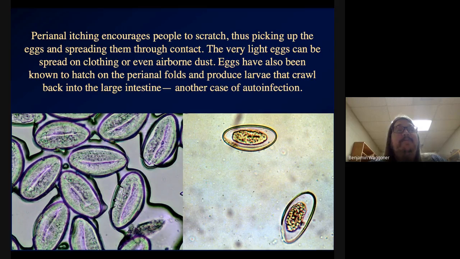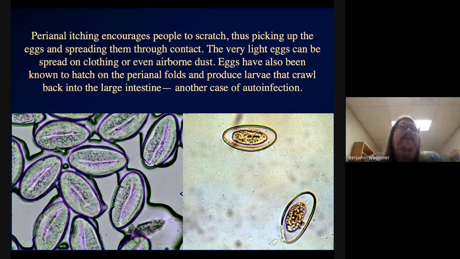If the eggs are present, they will stick to the tape, and then you put the tape down on a microscope slide and look for eggs that look like this. Very, very simple diagnostic. I mean, they still probably charge you $10,000 for it, but it's easy enough to do.